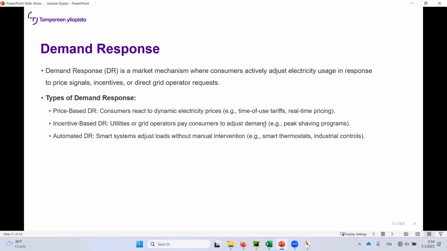And this, in my opinion, is a good thing, and the companies should offer more incentives to do this. And there are automated systems for it. I can give my heating system control to the grid operator and say that whenever there's too much demand, you can decrease my heating electricity consumption, but you're going to have to pay me.